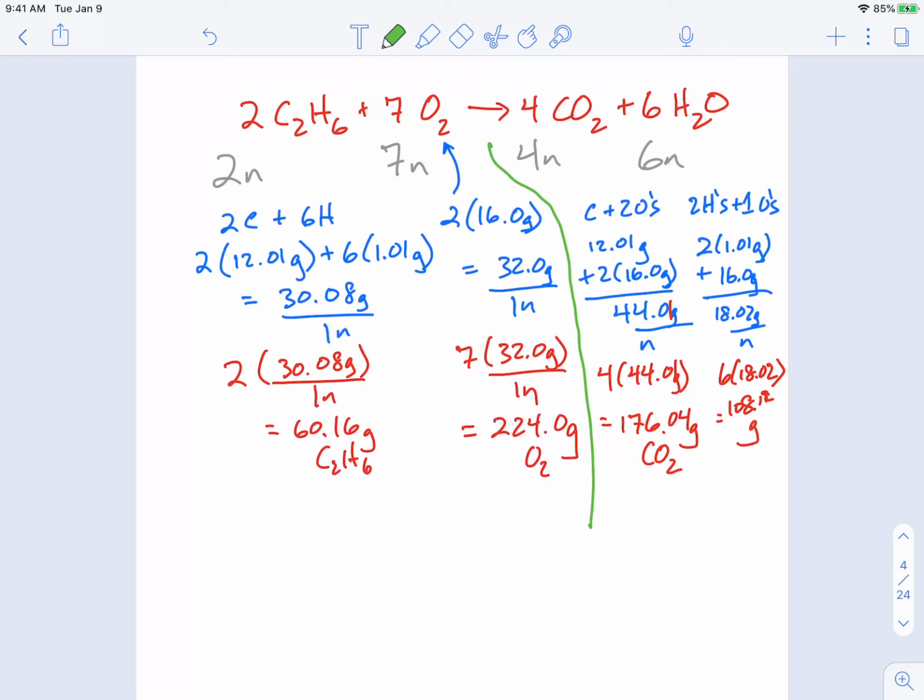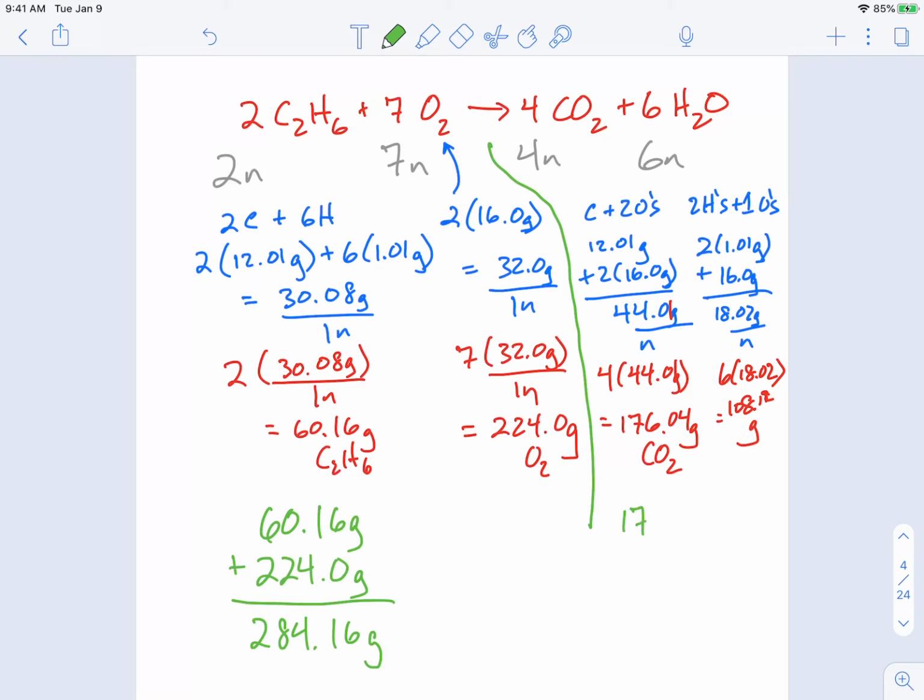So if we add up the mass of our reactants, and the mass of our products, they should equal out to be the same. So 60.16 plus 224 gives us 284.16 grams. This is the mass of all our reactants together.